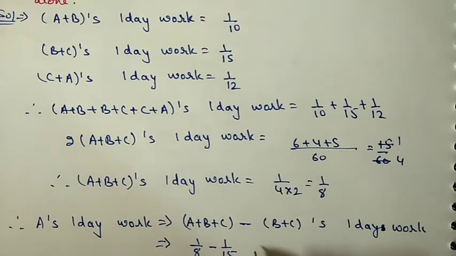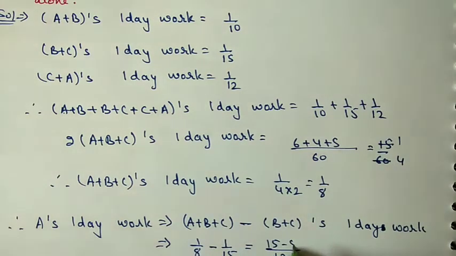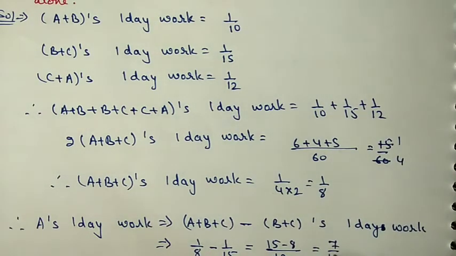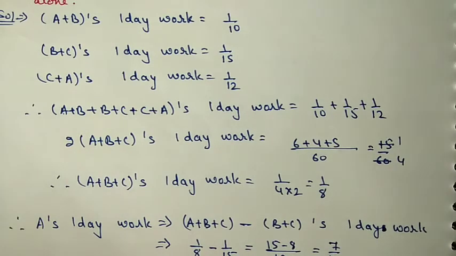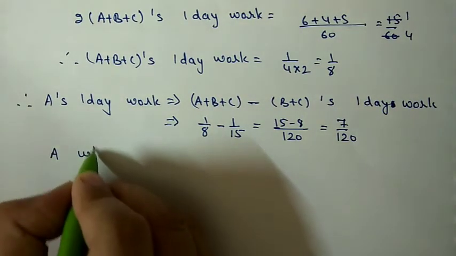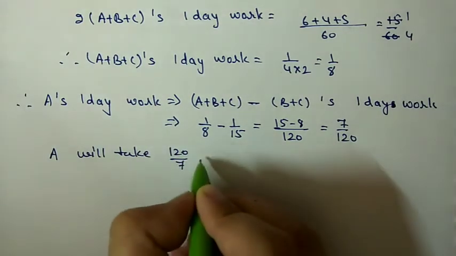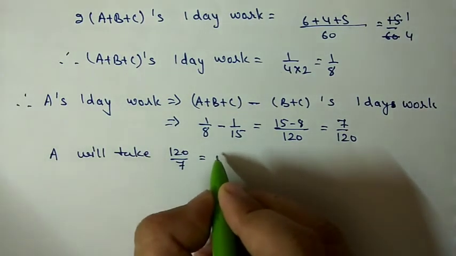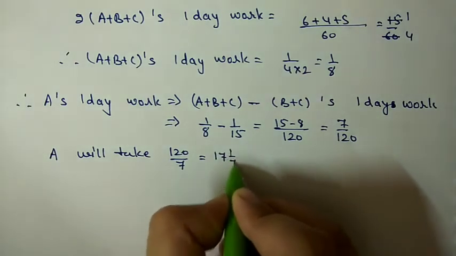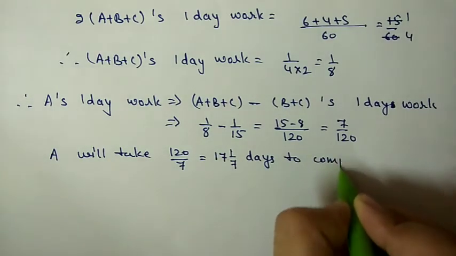So LCM will be here 120, 15 minus 8, 7 by 120. So A will take 120 by 7, which is equal to 17 whole number 1 by 7 days to complete the work.